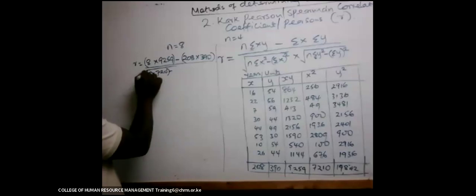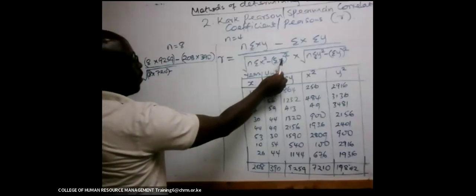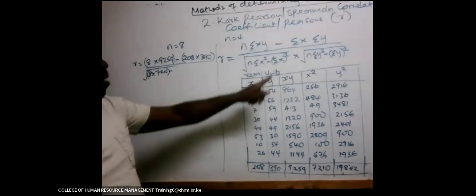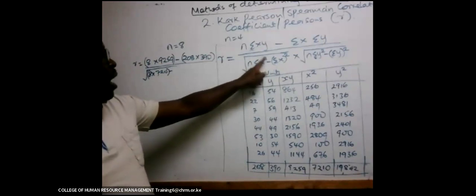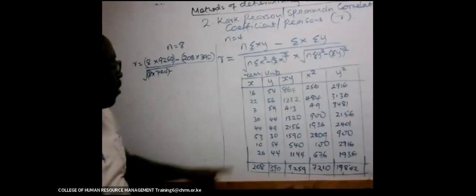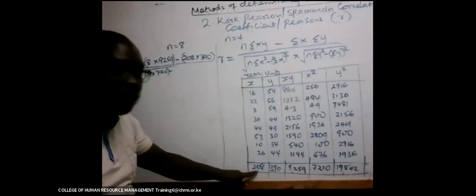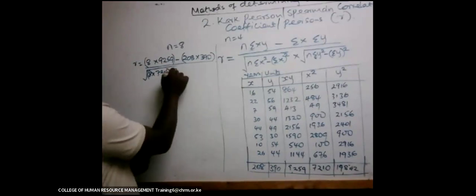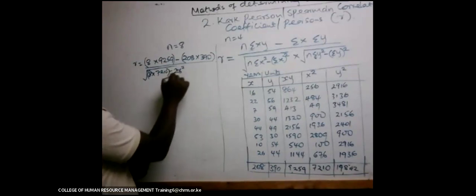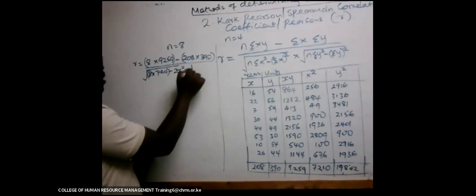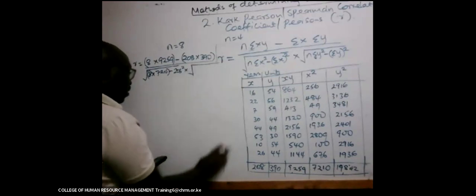minus the sum of x in brackets. There is a very big difference here between the sum of x squared and the sum of x in brackets squared. The sum of x in brackets squared, you will go to the sum of x, which is 208, and then you square it. So it is going to be minus 208 squared. Multiply by, take another square root.